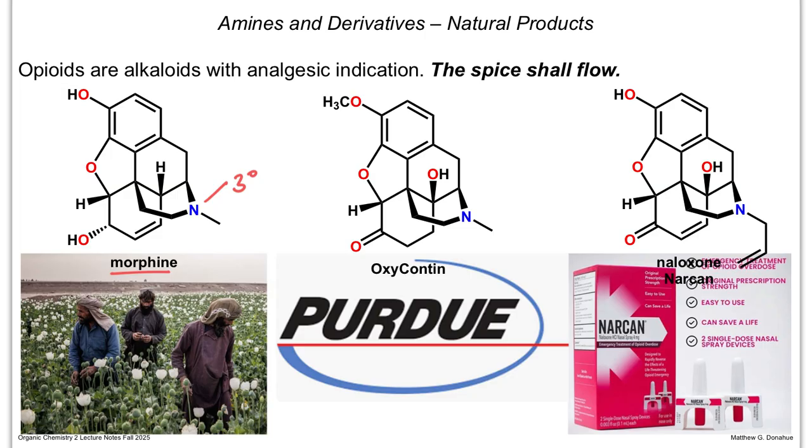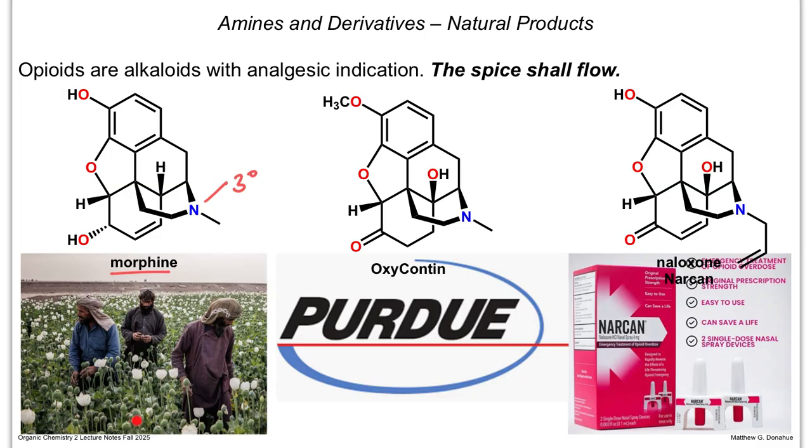So what's interesting about morphine, again, it's a natural product that's synthesized in the poppy plant, which is, I guess, this pod here, like green pods. I've never seen one in real life. I think they're about the size of a tennis ball or something.